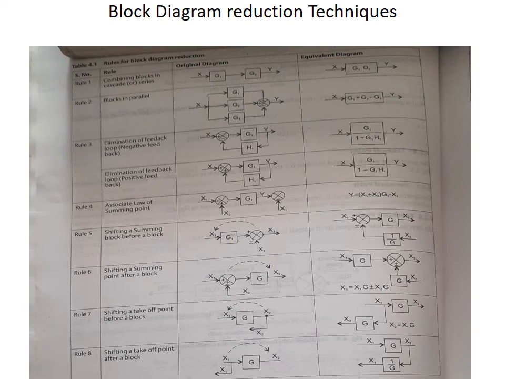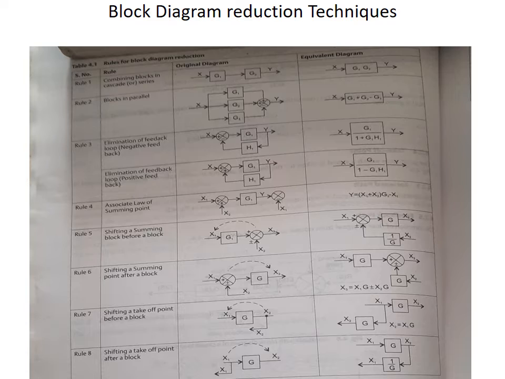Here we have certain rules applicable to the block diagram reduction technique, to reduce the given diagram into a single block and find the transfer function of the given block diagram. The first rule: you have 2 blocks connected in series, that is, the cascading of 2 blocks.